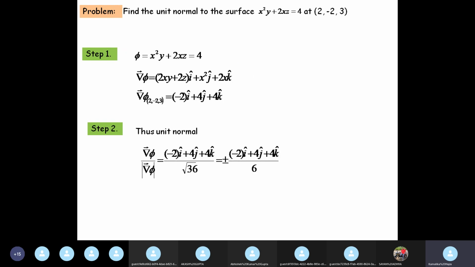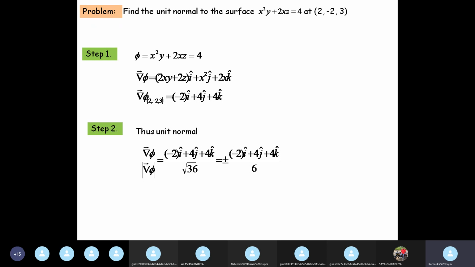Unit vector is grad phi divided by mod grad phi, which comes out to be this. Just keep in mind that this plus minus sign is very important when you are taking the root of this vector, it means root 36 is equal to plus or minus 6.